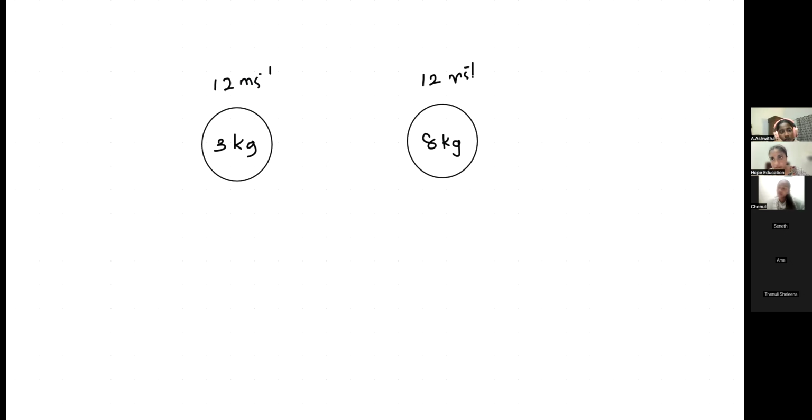Because both come at the same speed, the same velocity, when we have to catch them, if it's heavy, it's difficult to catch. So here the mass is lower and here the mass is higher, but both of them have the same velocity.